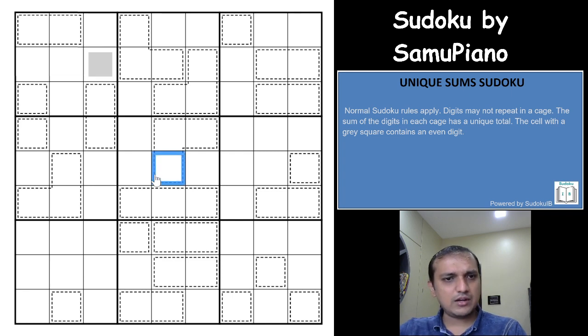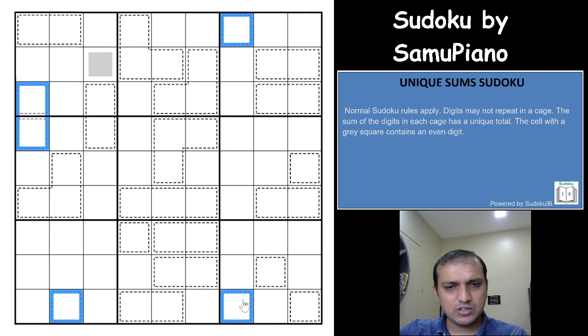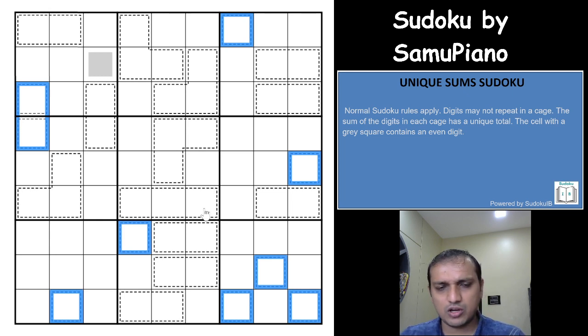How do I start here? One thing I will see is how many single cell cages there are here. 4, 8, okay, 9. There are 9 single cell cages, which means 1 to 9 are already filled. Let us see what the minimum total possible is. So 1 to 9 is done.